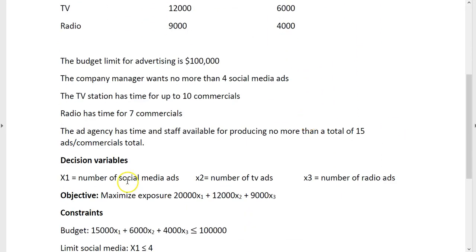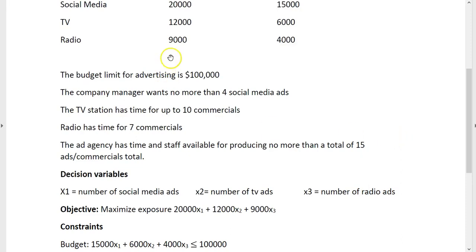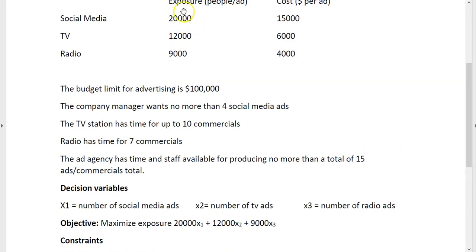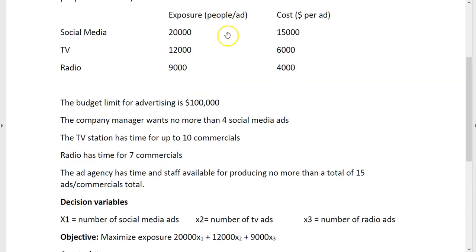Our decision variables are the number of ads, X1, X2, and X3. Exposure will be these numbers in this column right here. So 20,000 per social media ad, 12,000 per TV ad, and 9,000 per radio ad. So here's our exposure: 20,000 X1 plus 12,000 X2 plus 9,000 X3.